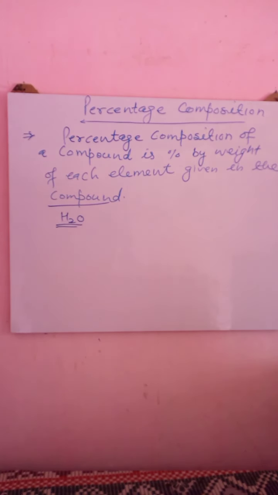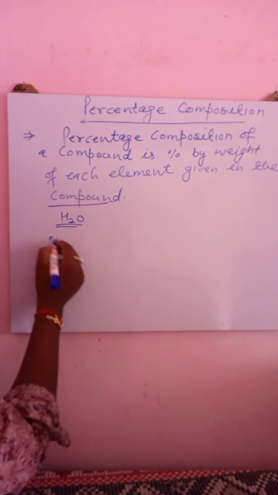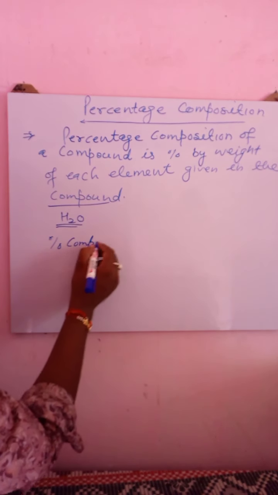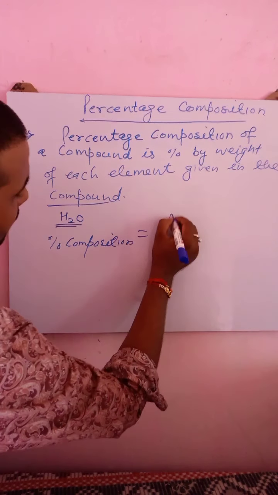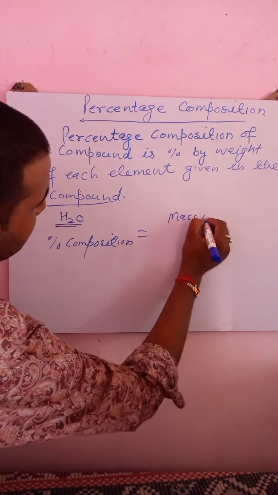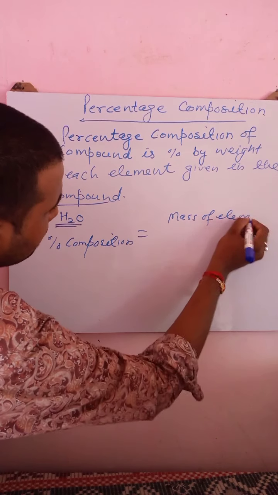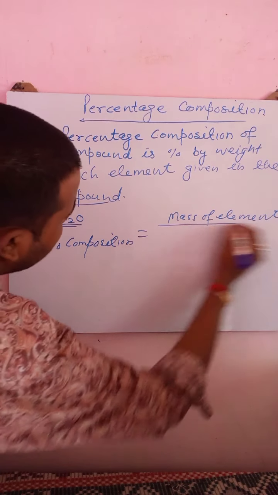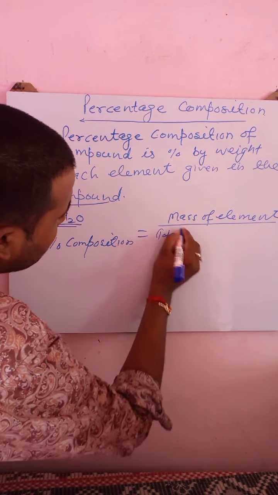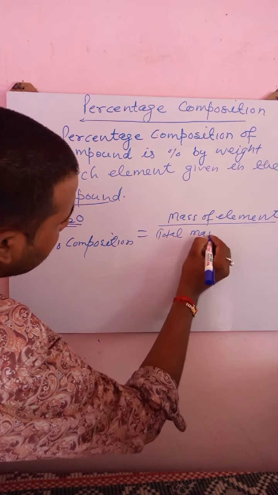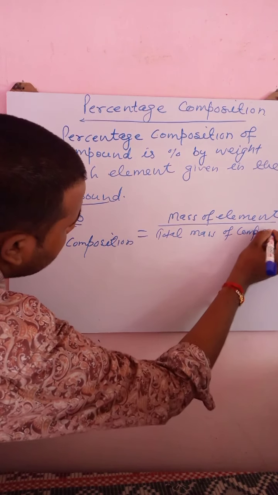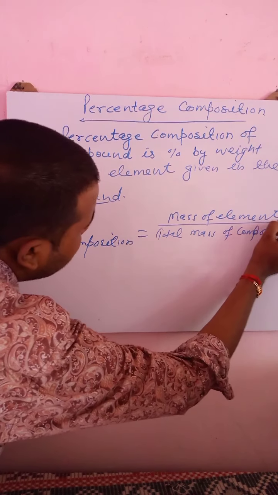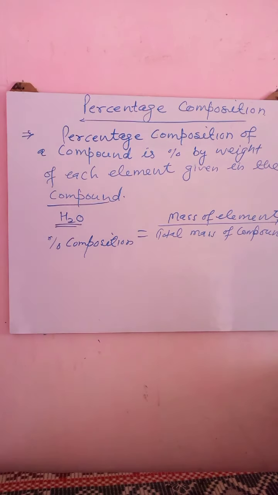So the formula for percentage composition is equal to mass of element divided by total mass of compound or molecule, multiplied by 100.